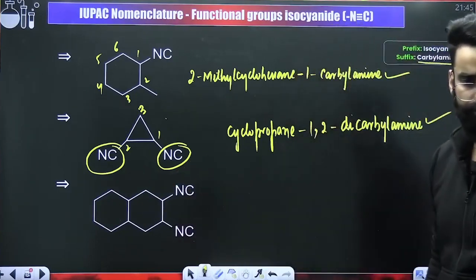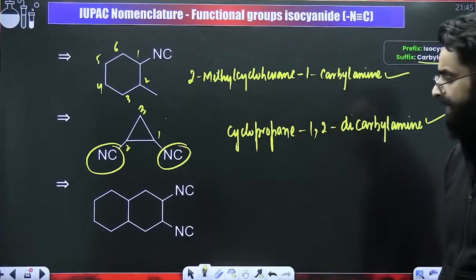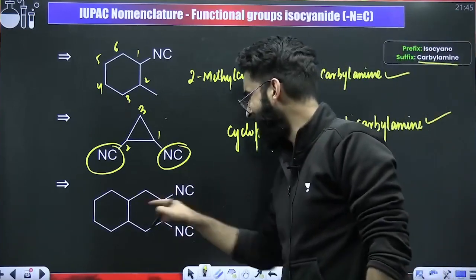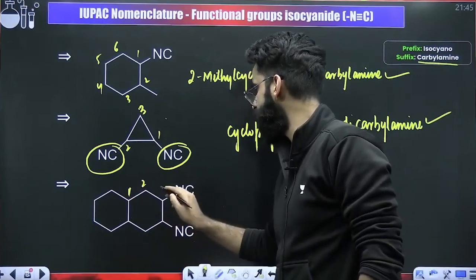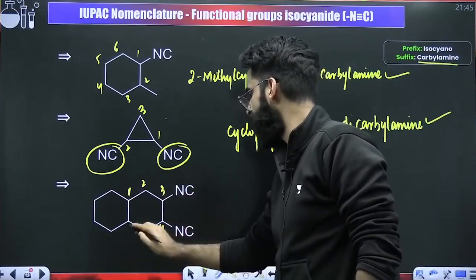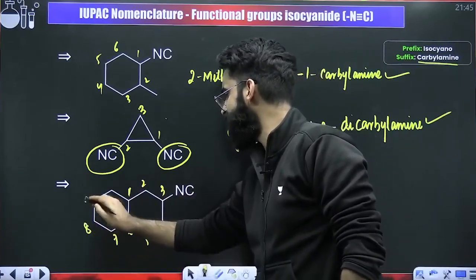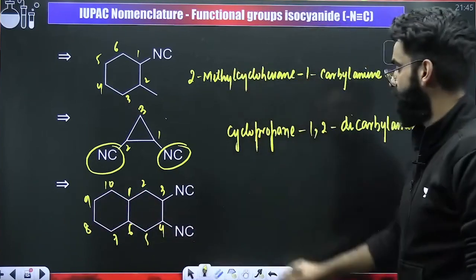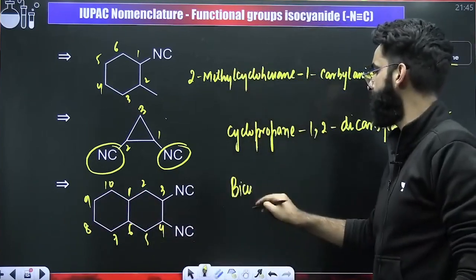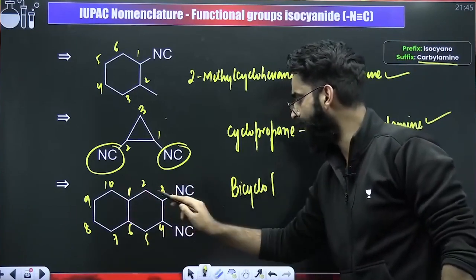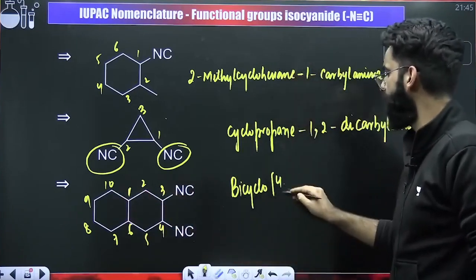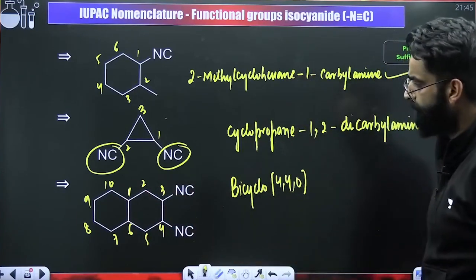Look at this particular compound. It's a bicyclo compound. So both the rings are equal in size, right? Calling this 1, this 2, this is 3, 4, 5, 6, 7, 8, 9, 10. So first of all, it's going to be bicyclo 4.4.0.